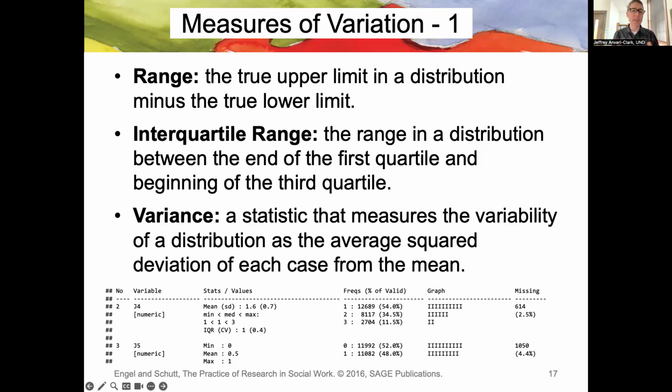One of the tools that I use when I want to get a sense of what I'm looking at is the printout that you see down at the bottom of your screen. It's a little small, but we've got the variable number there, and then it automatically calculates the mean score, as well as the standard deviation or the variance. We can see the minimum value. Some people reported one, some people reported three.